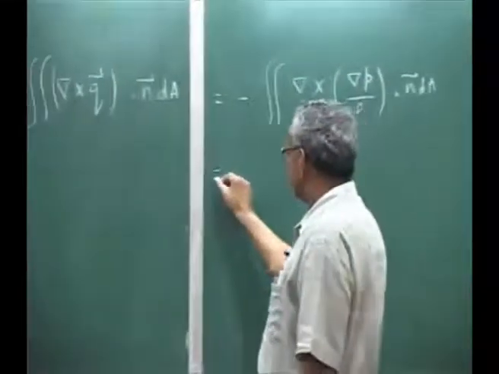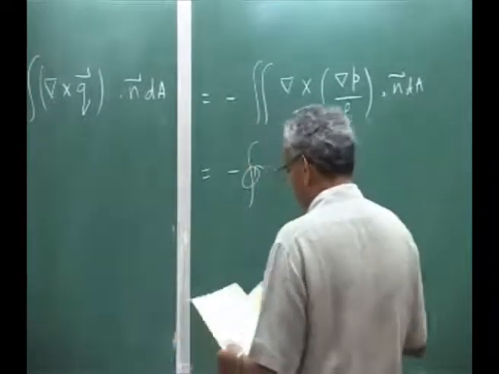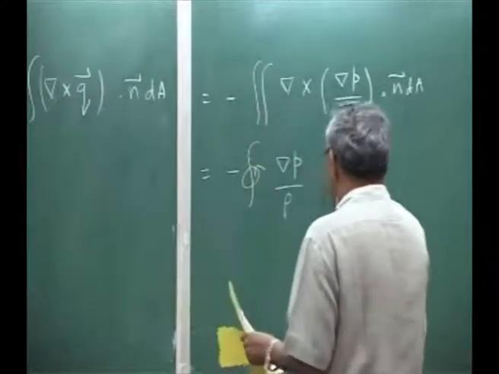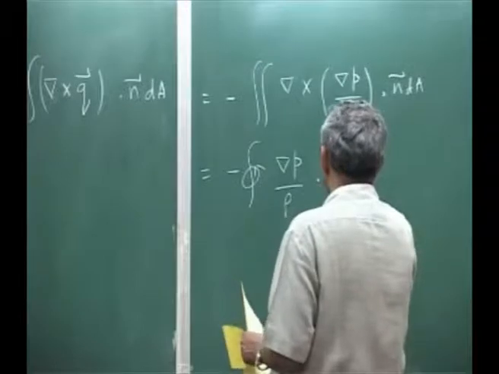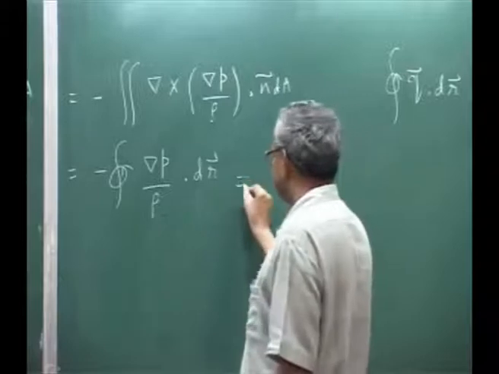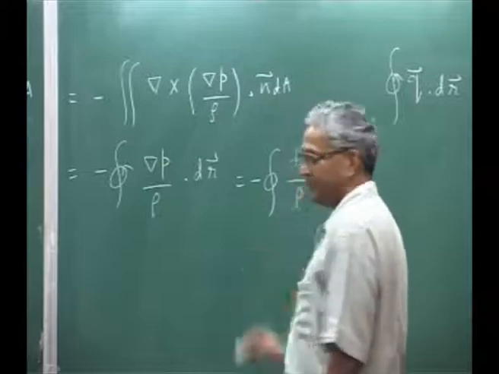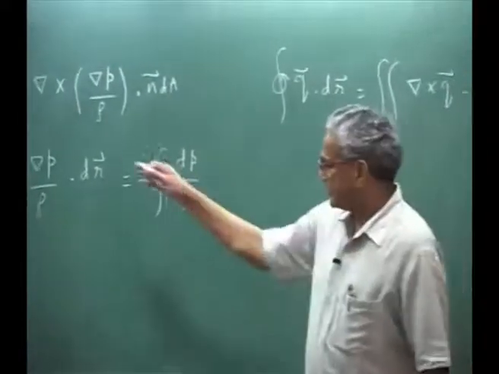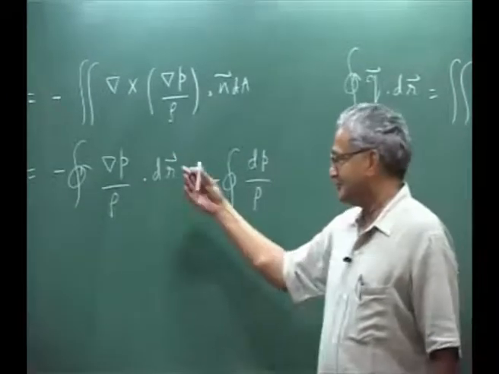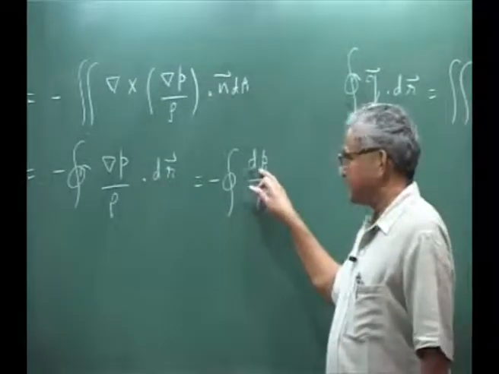So this will become minus the closed integral of grad p over rho dot dr. Now grad p dot dr is nothing but dp, because grad p is delta p by delta x i, delta p by delta y j, delta p by delta z k, and with the dot product, that is nothing but dp.